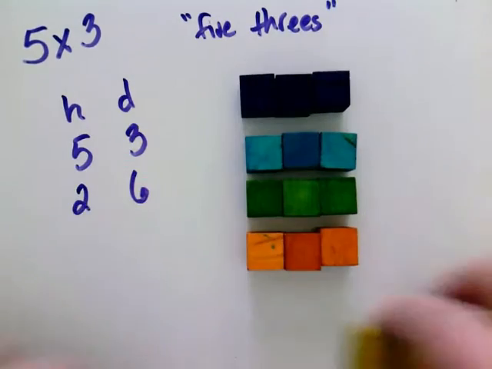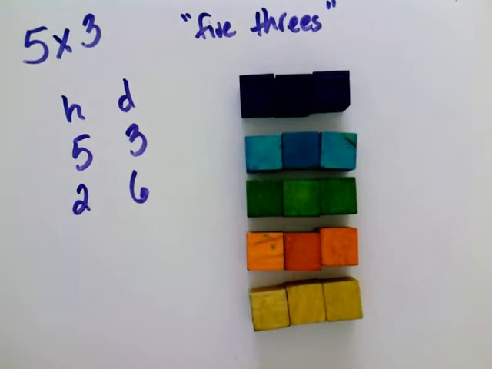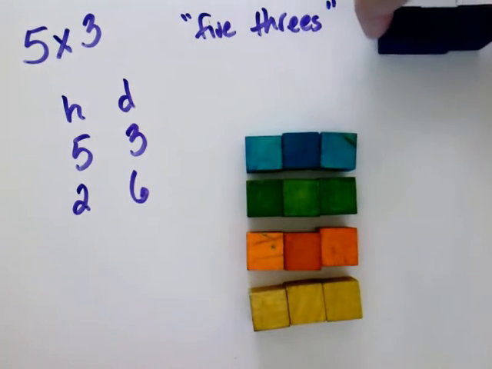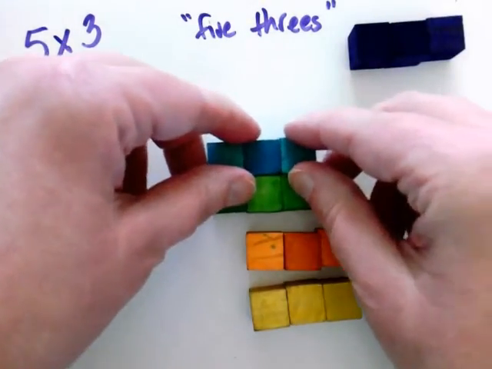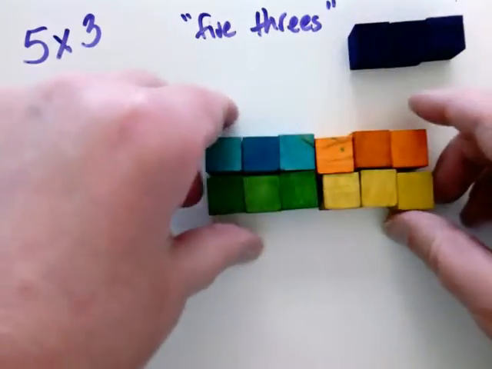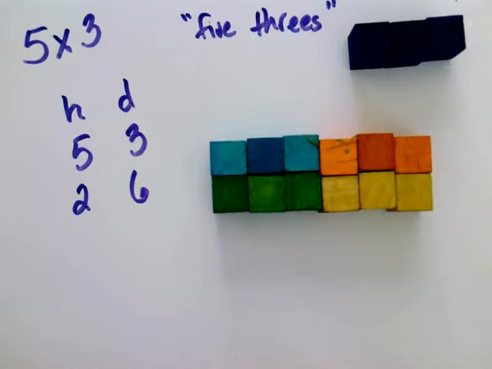So 5 threes is 5 groups of 3. So what we'll have to do is set aside one of our groups of 3 and then take the remaining 4 groups of 3 and rearrange them into 2 groups of 6.